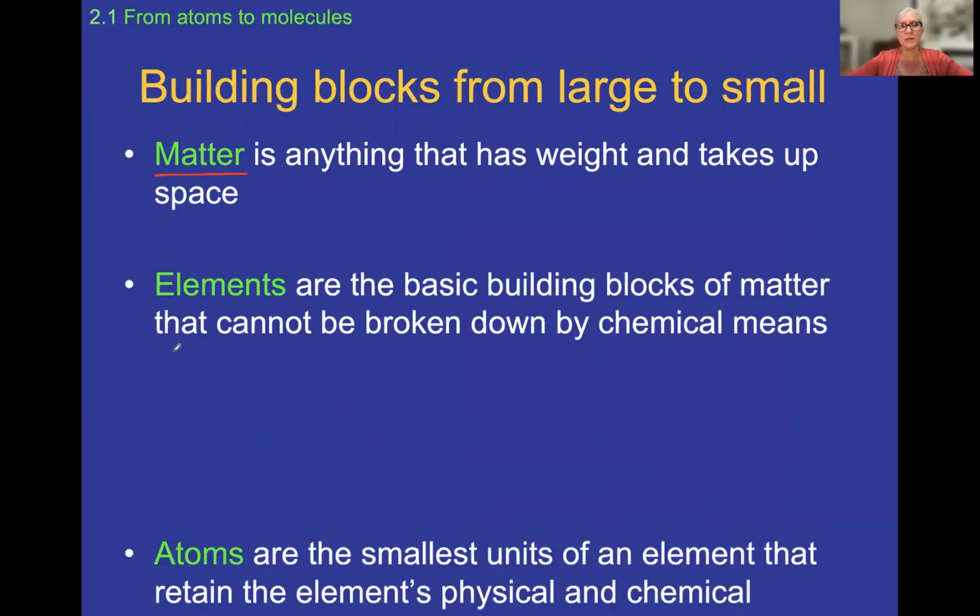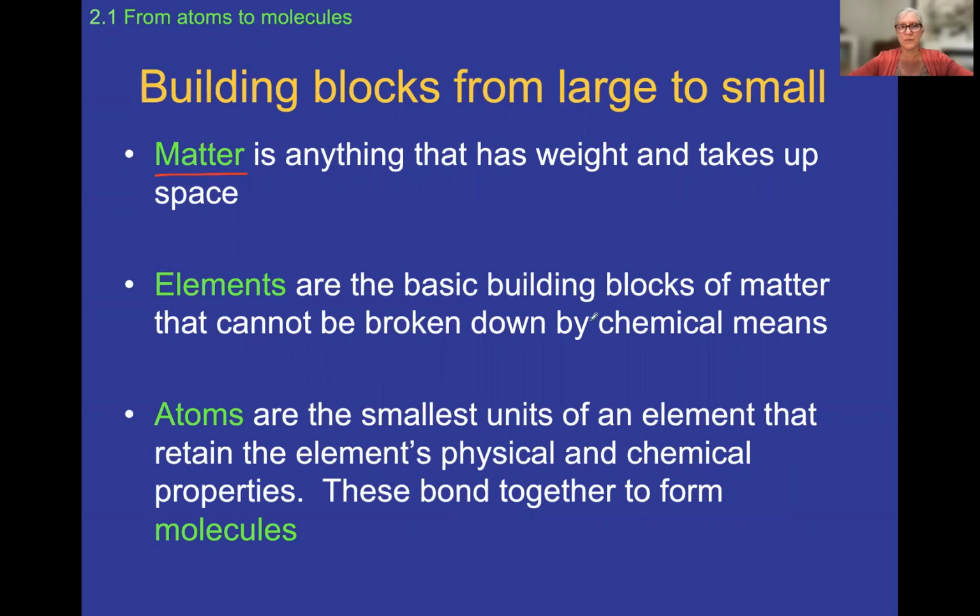When we consider elements versus atoms, an element cannot be broken down by simple chemical means. And so you've all seen the chart, the periodic table of the elements: carbon, oxygen, nitrogen, sulfur, gold, plutonium, uranium. These are all elements we find naturally. The atom is the smallest unit of the element.